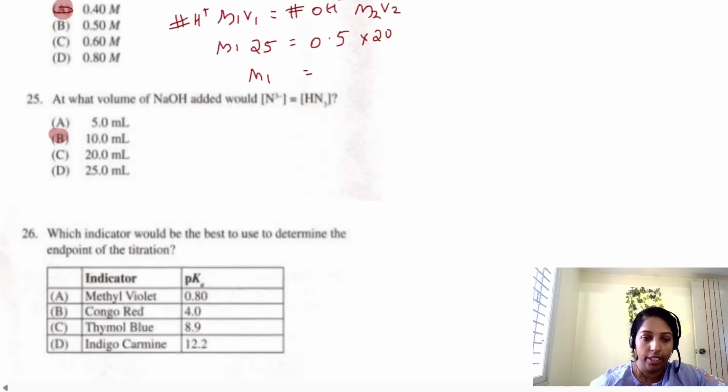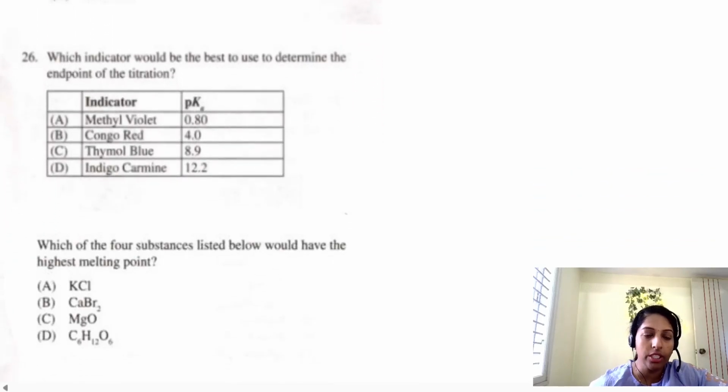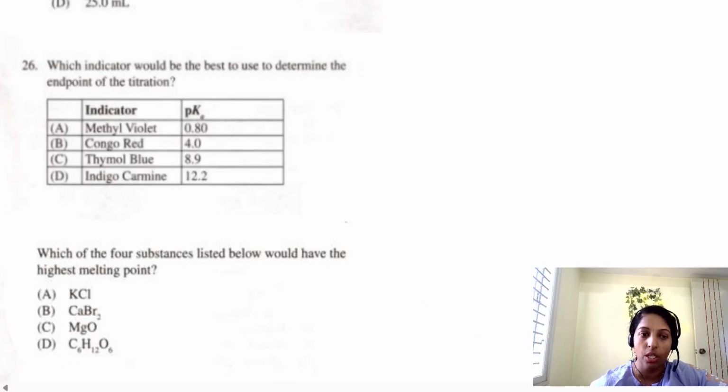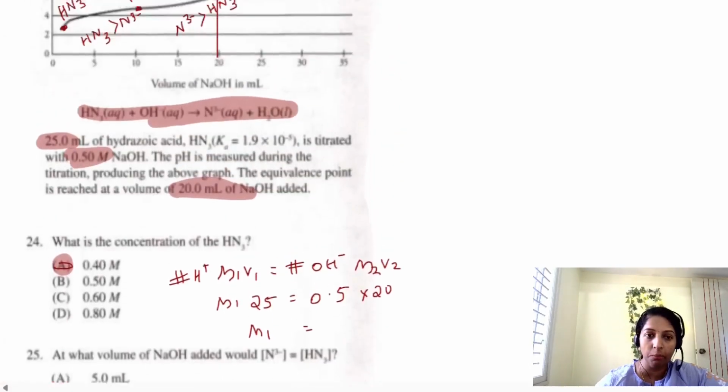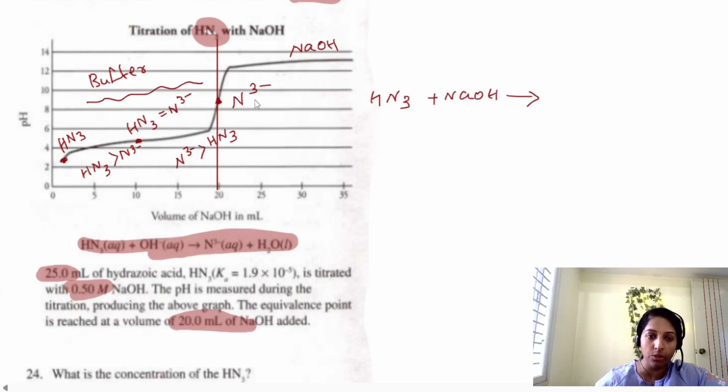Then next one, 26. Which indicator would be best to use to determine the endpoint of the titration? So for the endpoint titration indicator, you can use the equation pH equals pKa. So what's the pH for this endpoint? See, 20 ml is actually the endpoint. Our endpoint corresponds to some 8 or 9, right? It's actually around 9.